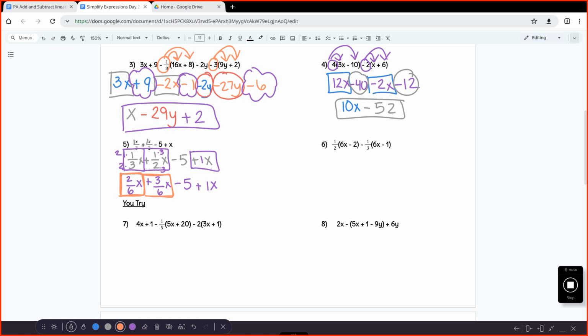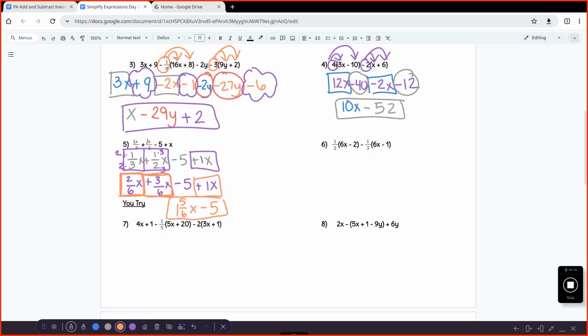All right, so these two added together that I have in orange, you get 5/6x plus 1x will get you 1 and 5/6x. And then that minus 5 just drops because it doesn't have any other like term. There's no other constant that goes with that.